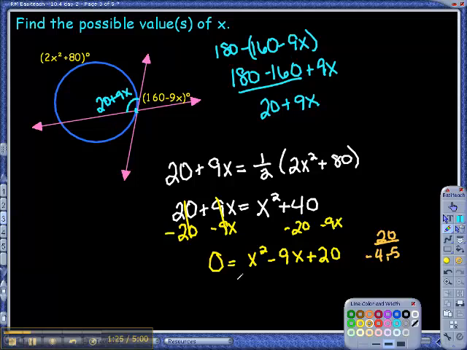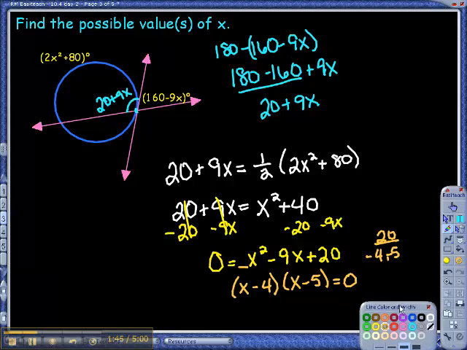And you can use the little shortcut you probably learned in algebra to say x minus 4 and x minus 5. Just when the leading coefficient is 1, you can put the factors of 20 into the two factors of that quadratic equation.